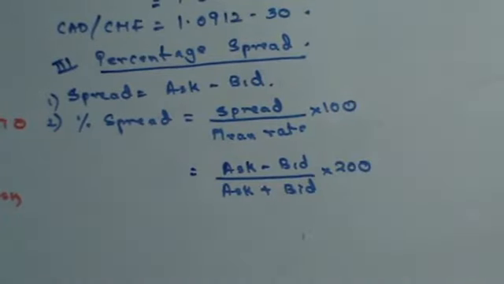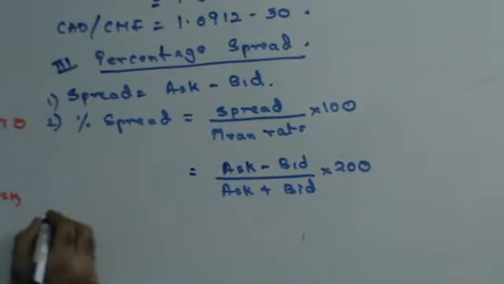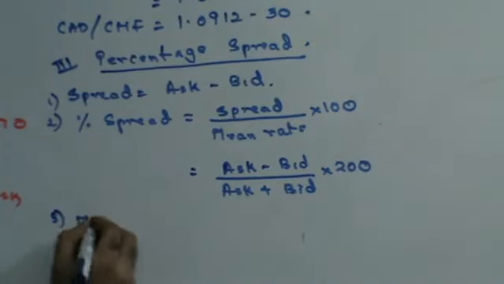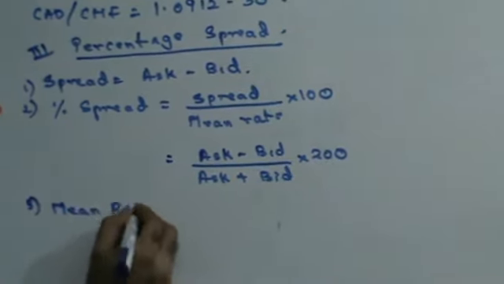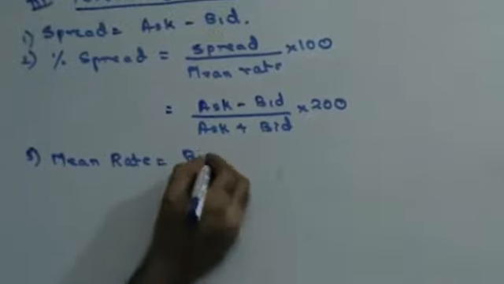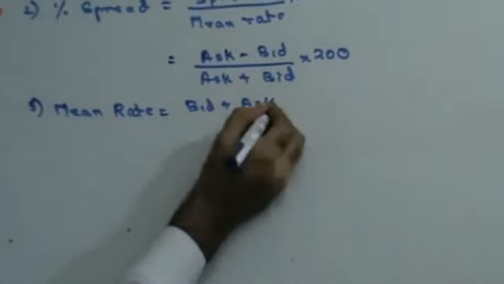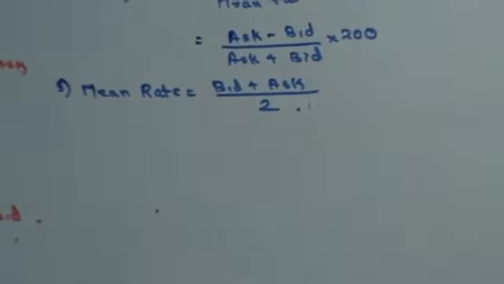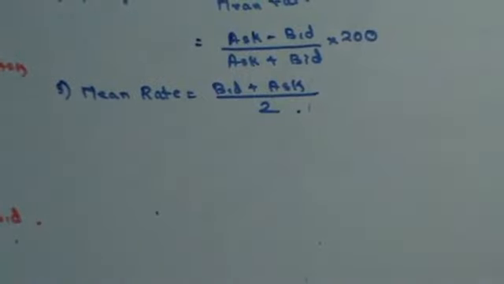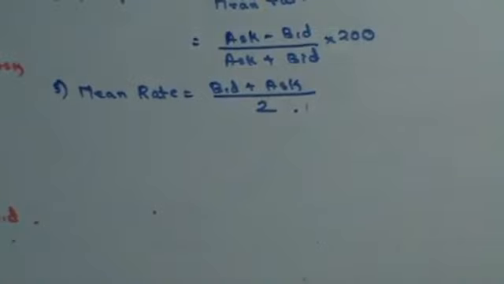Right? So, do we get this in clear? Mean rate is bid plus ask divided by 2. So, these are a couple of formulas that you will need when you are doing calculations of percentage spread.